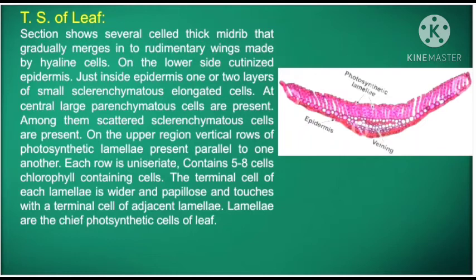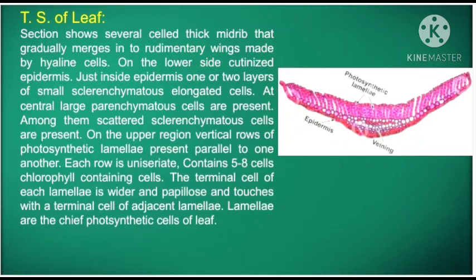On the upper region, there are vertical rows of photosynthetic lamellae or filaments, parallel to one another and looking like the teeth of a comb. Each row is uniseriate, with 5 to 8 cells, and each cell is rich in chlorophyll.